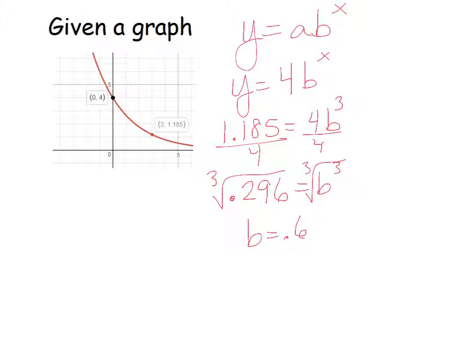Now here's the deal. I'm going to write 0.67, but I'm always going to remember that that full value is very important. For what I'm doing, I'm not going to use this equation to do anything further in this particular example. I'm happy with my 2 decimal places. I'm just going to write y equals, my A value was 4, my B value is 0.67 to the x.